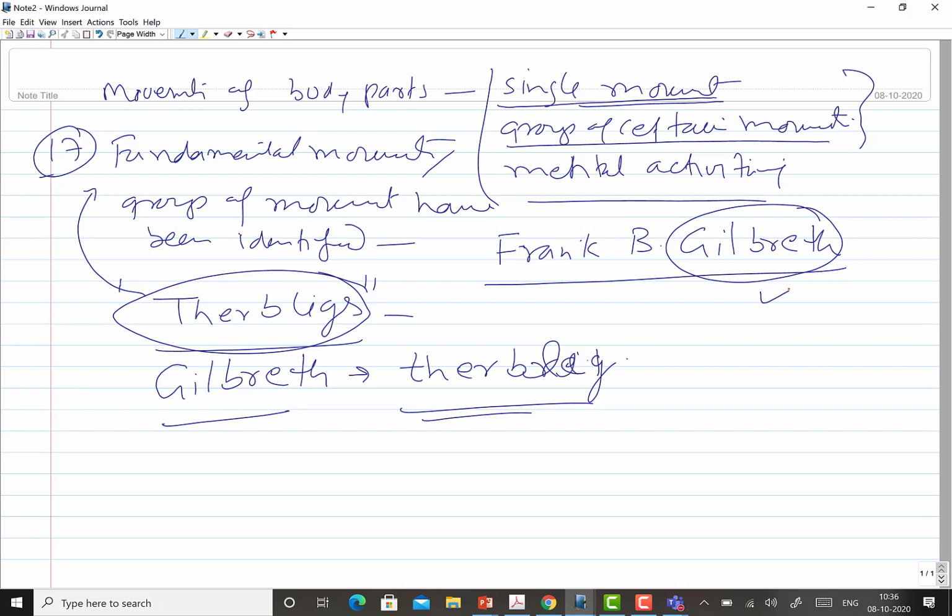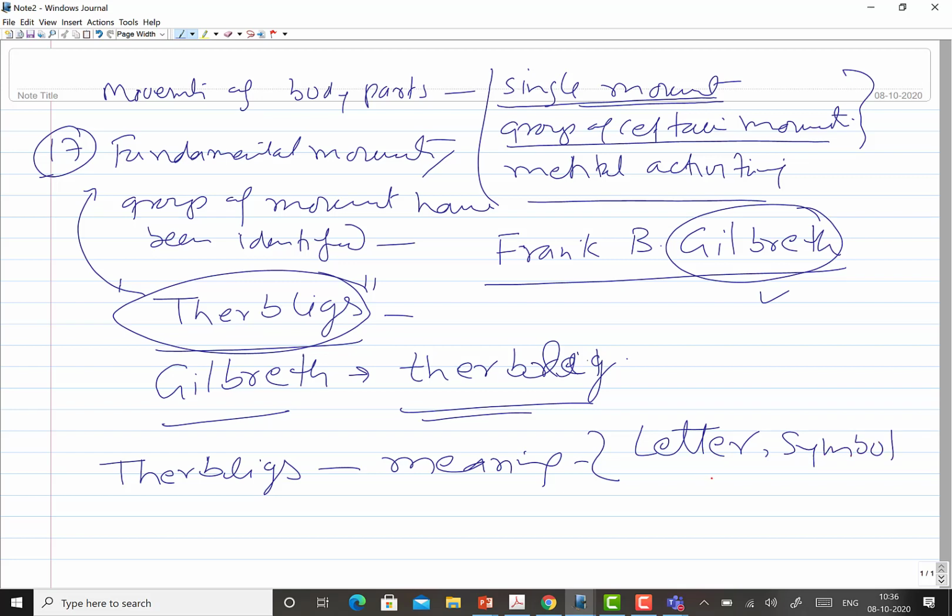Okay, so these fundamental movements or groups of movements called therbligs each have their own meaning, what they are used for, and that is represented by a certain letter, symbol, and color.